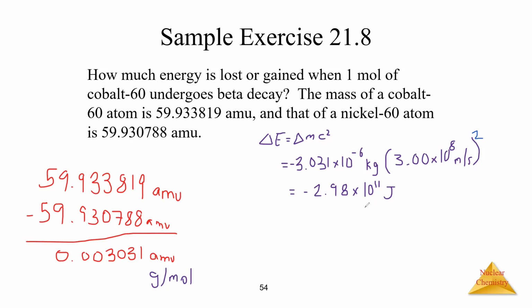So again, a tremendous amount of energy since we've got 10 to the 11th. We can think of that as 298, and then 9 zeros after that. A huge, huge number. I believe that would be 298 billion.